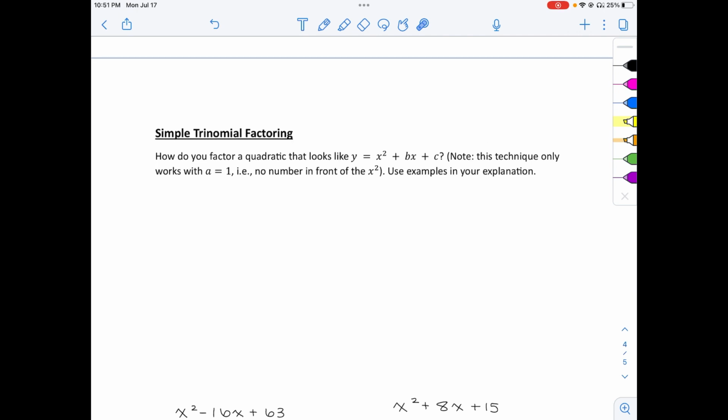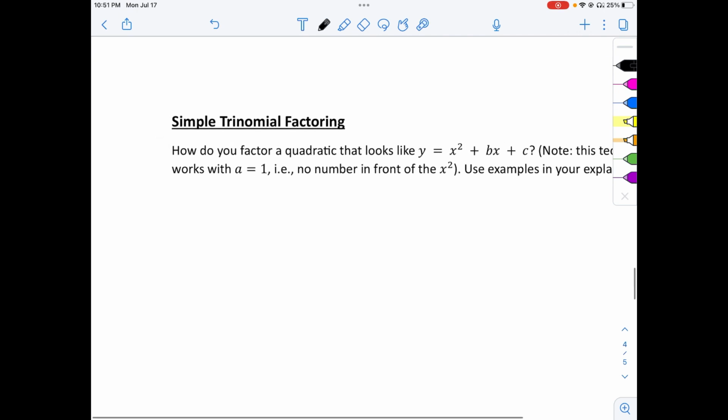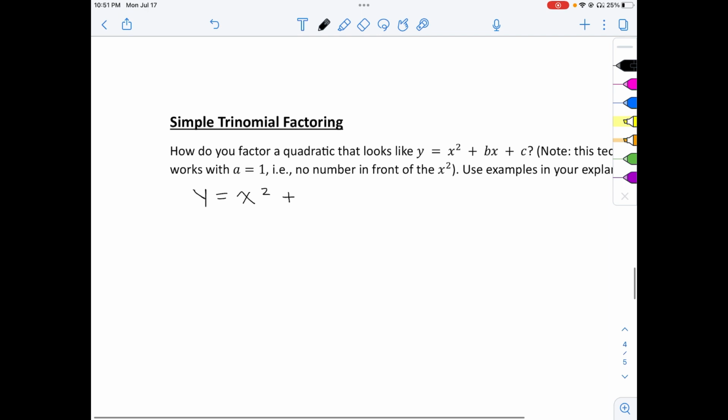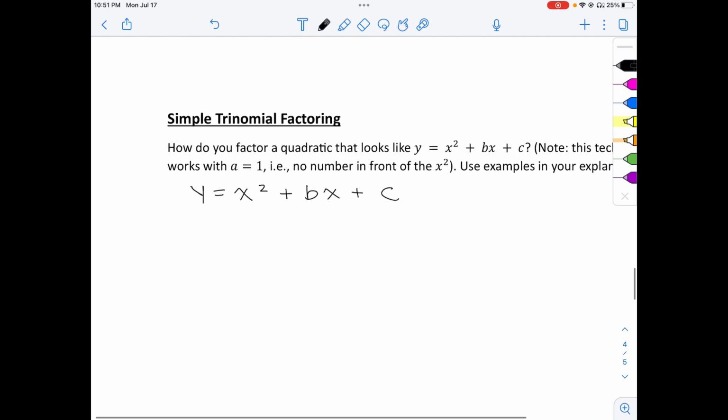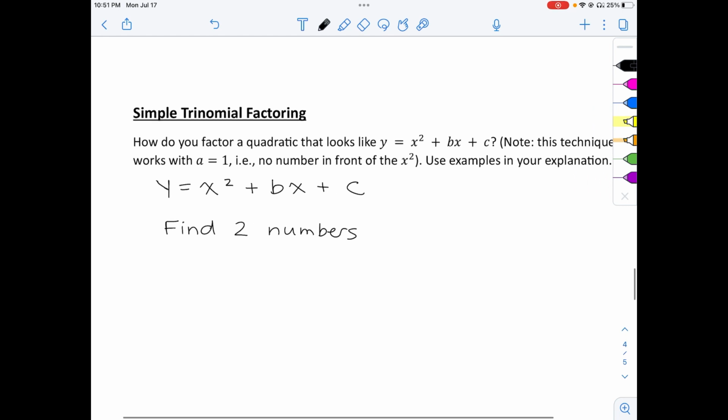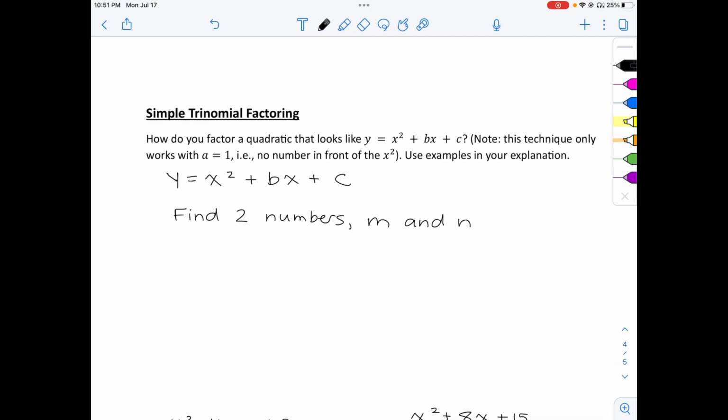So what you are going to do, again, I'm just going to rewrite what this looks like. You will have y equals x squared plus bx plus c. And you are going to find two numbers. For this case, I will call them m and n, just so that I can show you with some letters first.